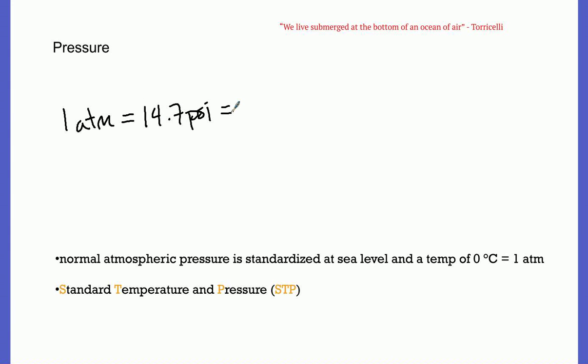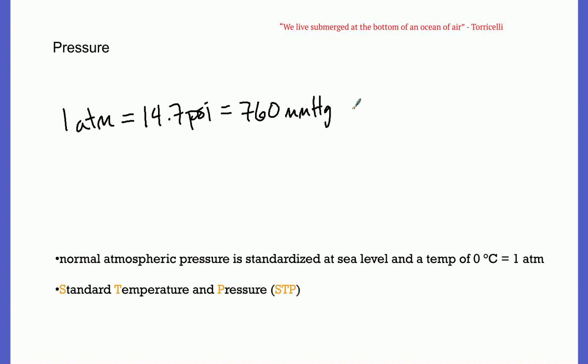So we're going to need lots of different units of pressure. That PSI is really just a reference point for us. We're not really going to use that very frequently, but we're going to use other ones, because one atmosphere is also equal to 760 millimeters mercury.